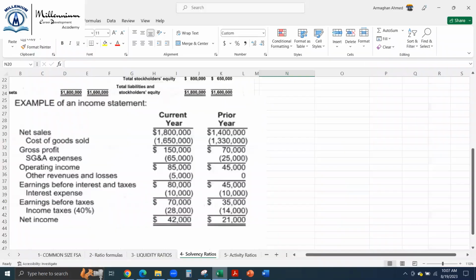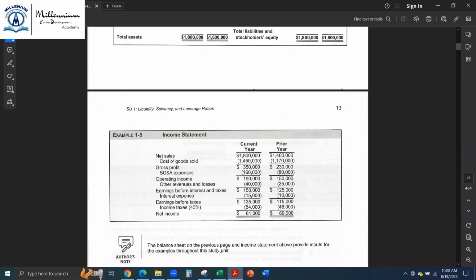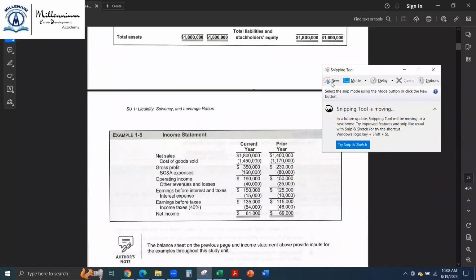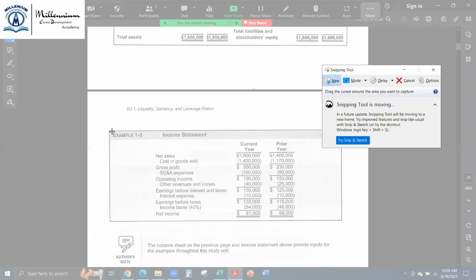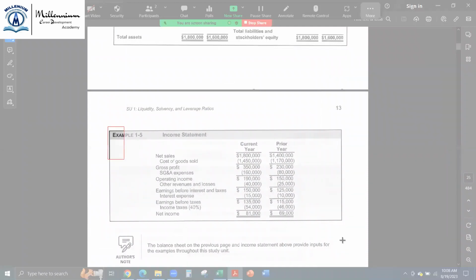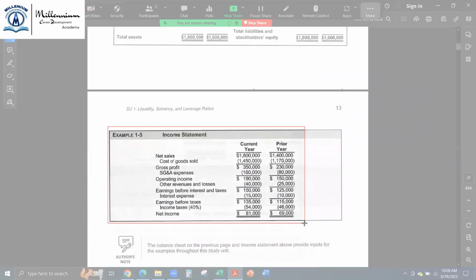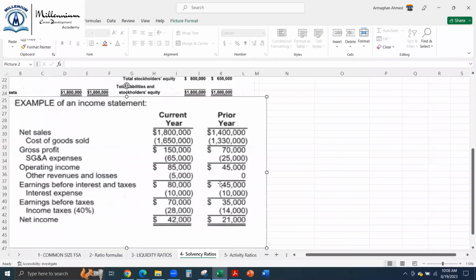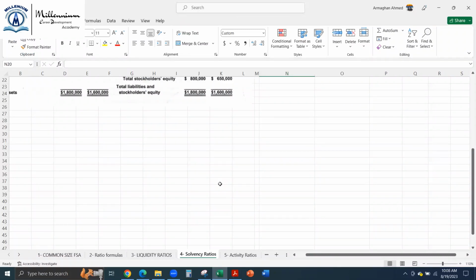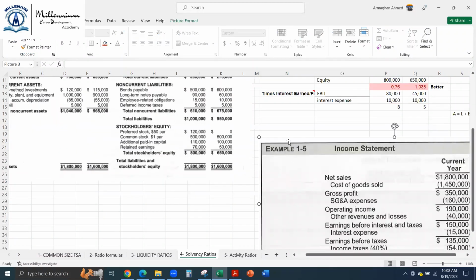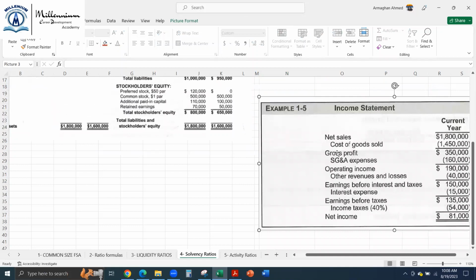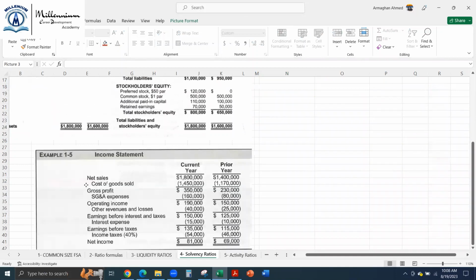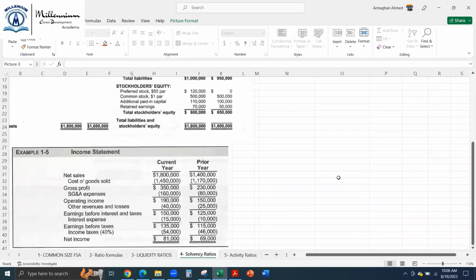So the formula is EBIT divided by interest.